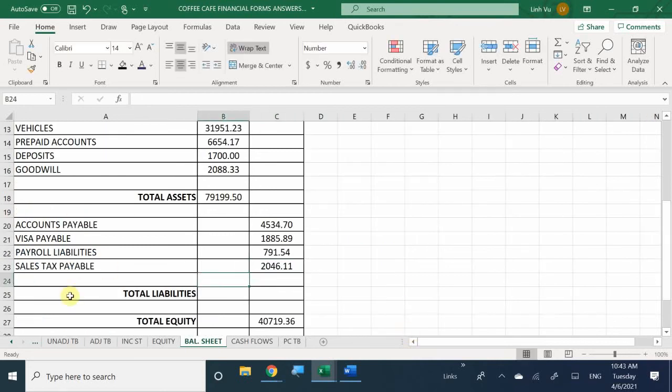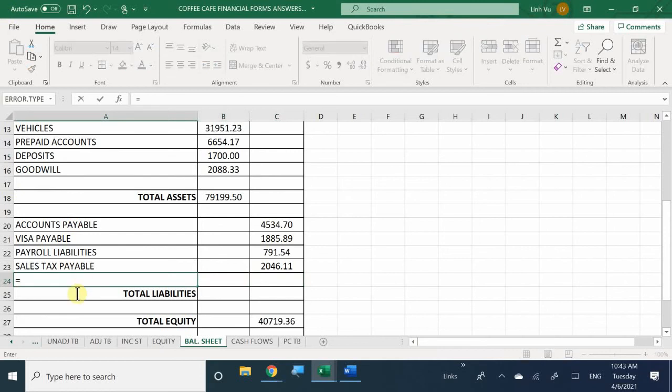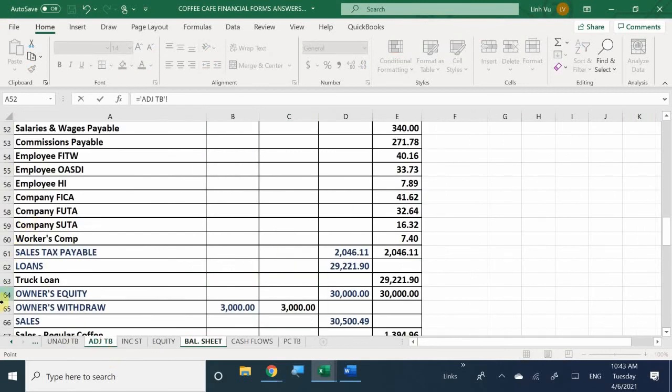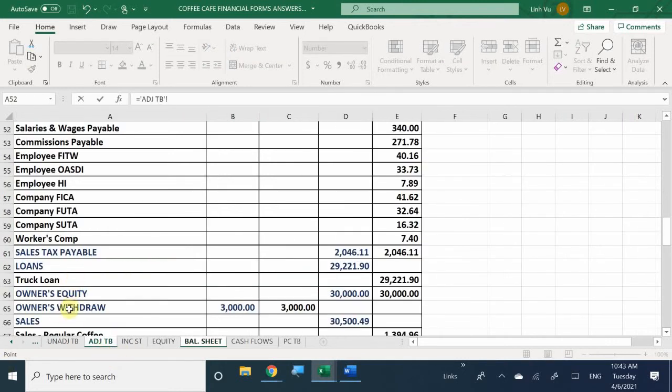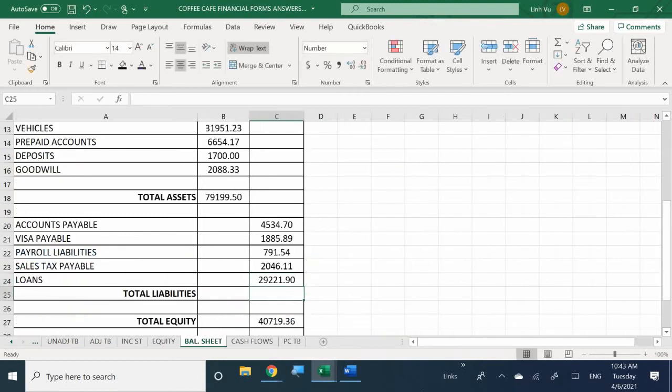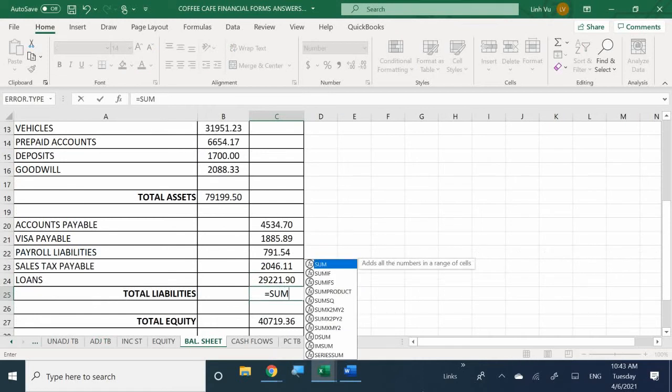And then last but not least, I should have my loans. Okay. And how much was my loan for? Okay. So here you go. I'm going to total up my liabilities.